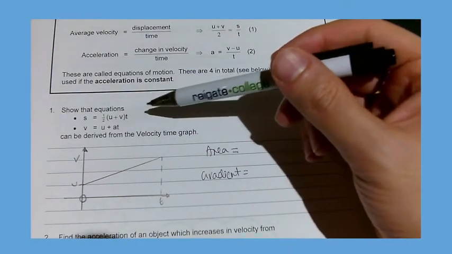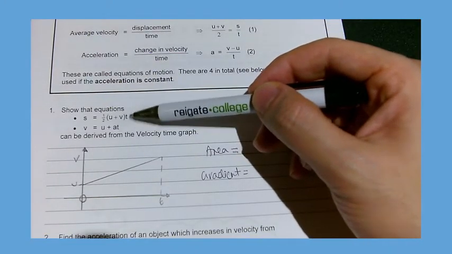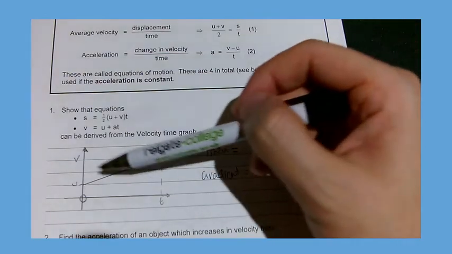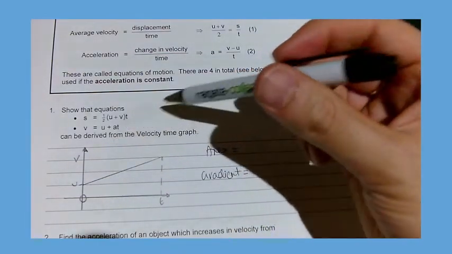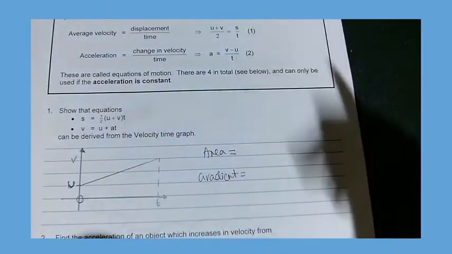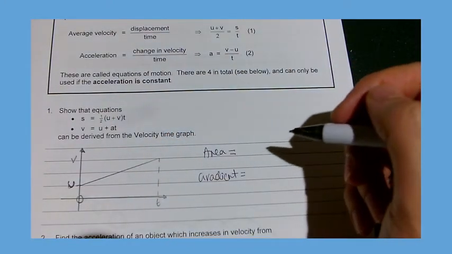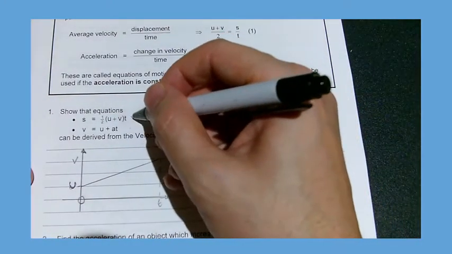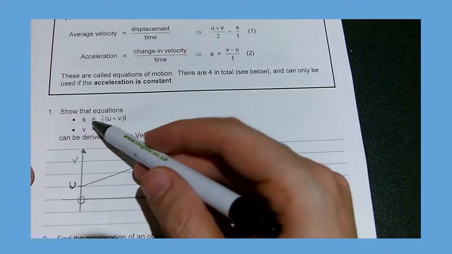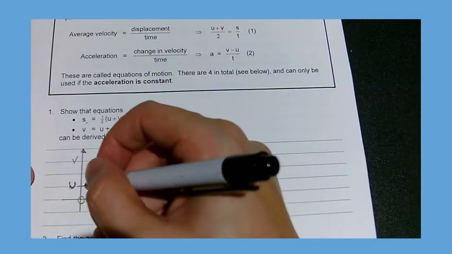So here we go. Here's our first question. We've got to show that these two equations of motion can be derived from a velocity time graph. So I've drawn a basic velocity time graph here, with an initial velocity of u, a final velocity of v, and t here. Now, if I want to derive any of these formulas, I have to look at things carefully. I know that the first formula is displacement, and displacement comes from finding the area.